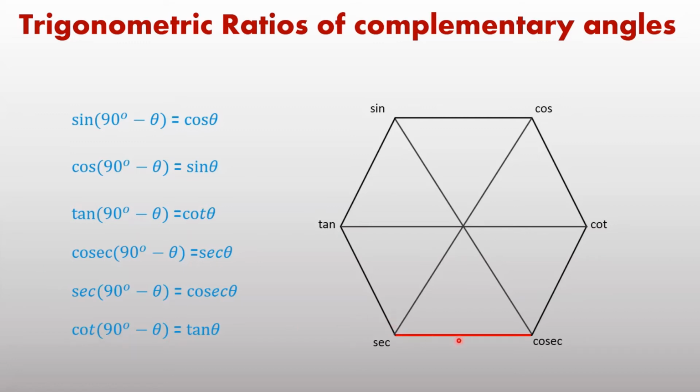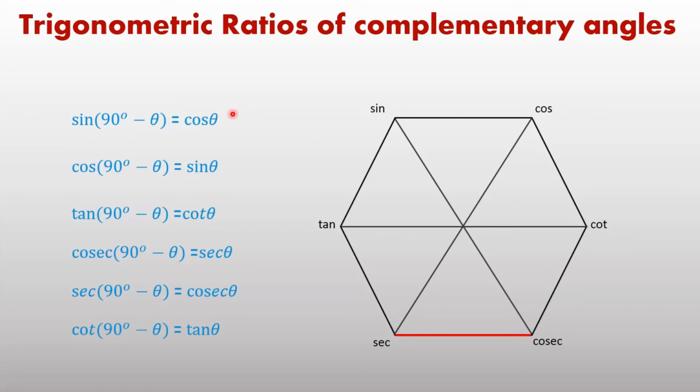Same for sec cosec. Sec 90 minus theta, cosec theta. And if we are writing cosec 90 minus theta, sec theta. In this process, using the hexagon and with the help of these three horizontal lines, you can prepare the identities for complementary angles.